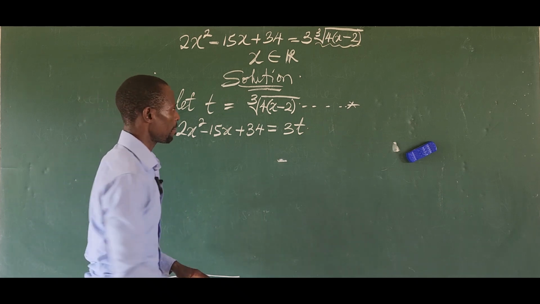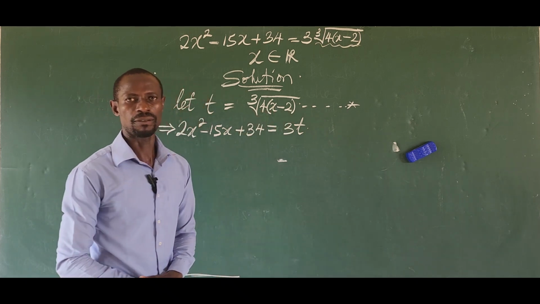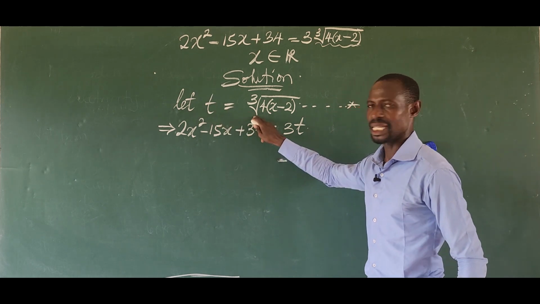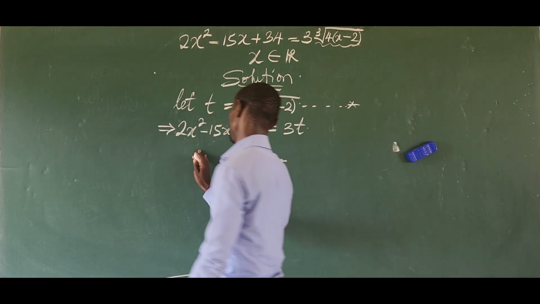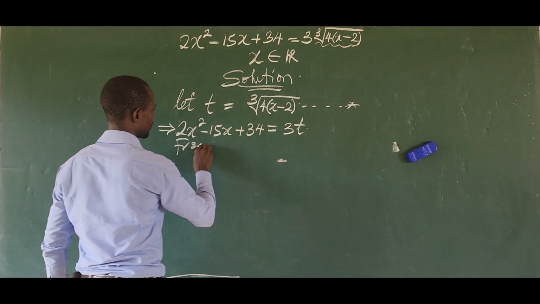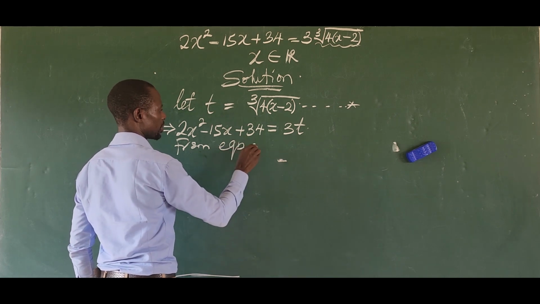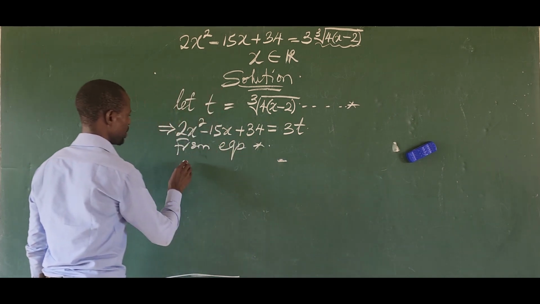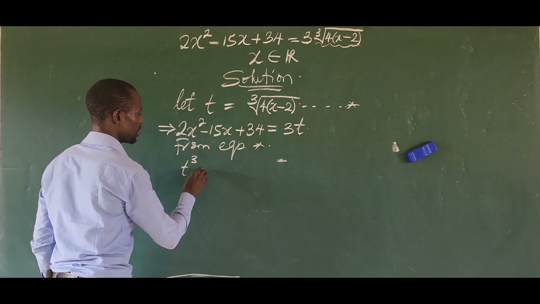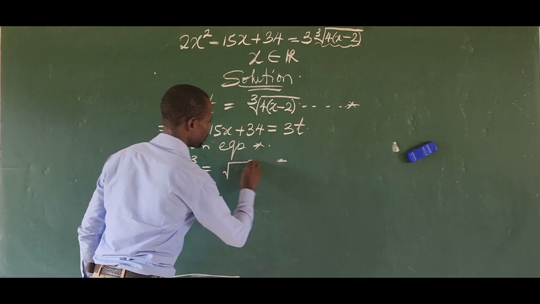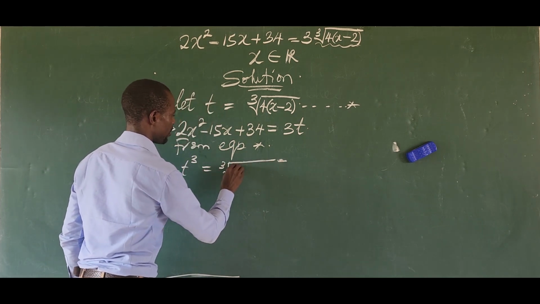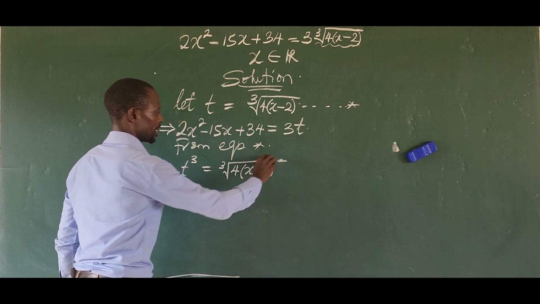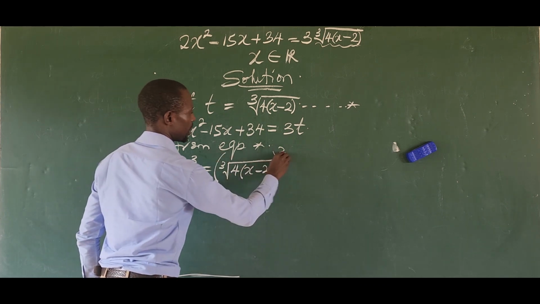Now from equation star, I want to make x the subject of the formula. So I will take the cube of both sides to eliminate this cube root radical. From equation star, we have t³ equals the cube root of 4(x minus 2), all raised to the power of 3.